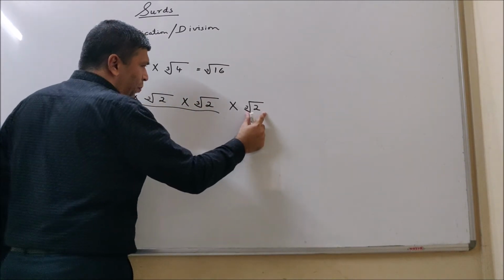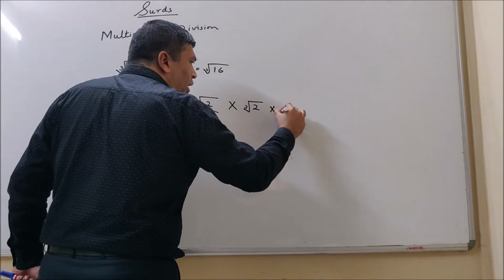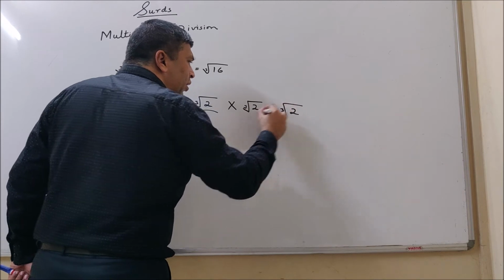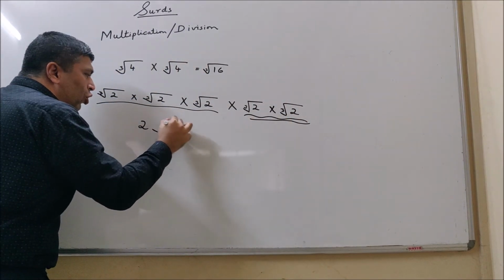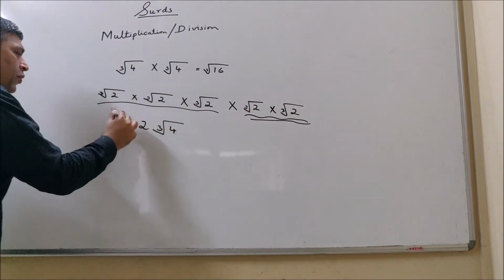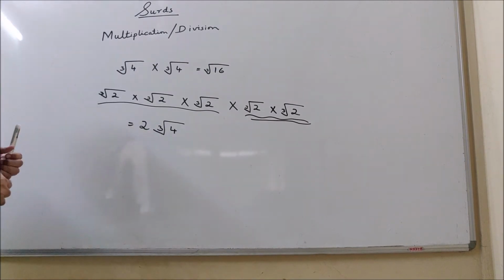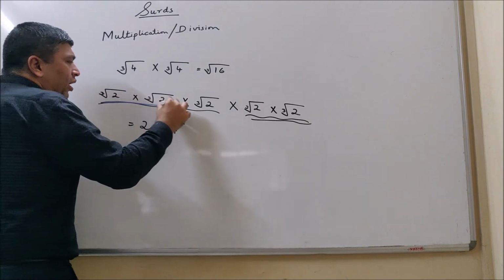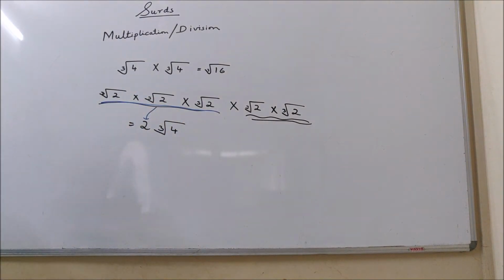And this doesn't have a partner, and so this will be written. Let's say there was one more out here, then this would be clubbed and written as cube root of 4. 2 into 2, 4. So this would be my final answer. Remember, these 3 have come into this, a single 2.